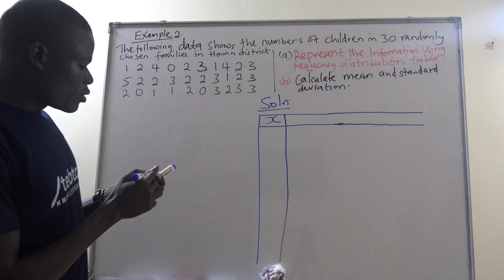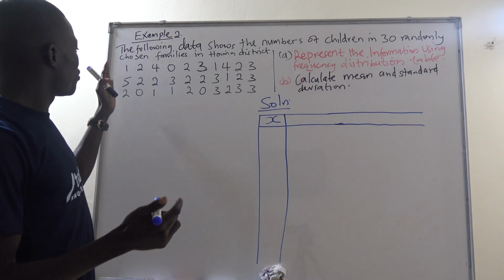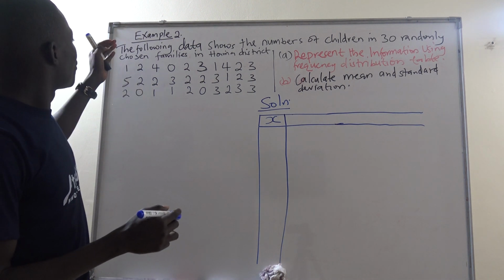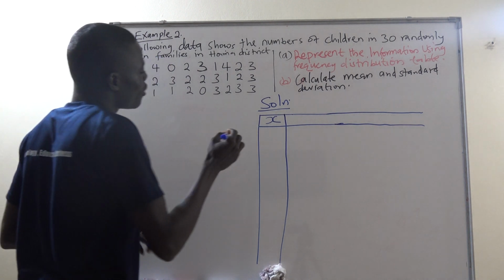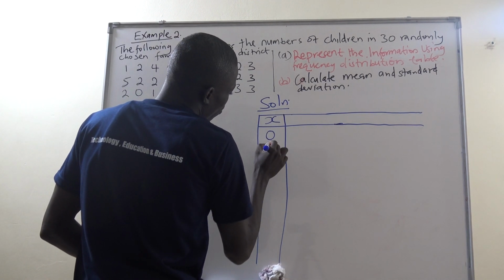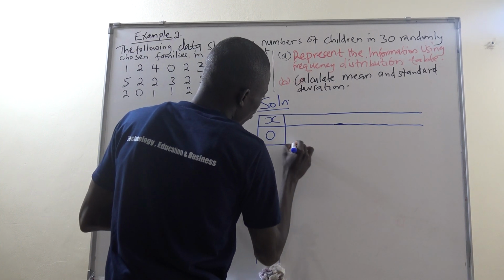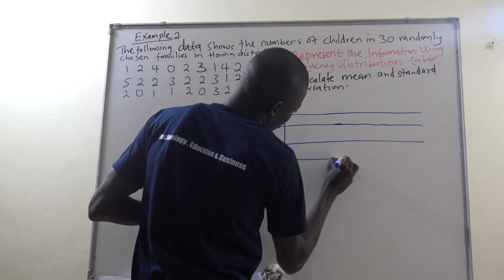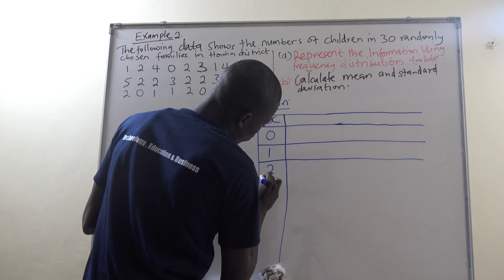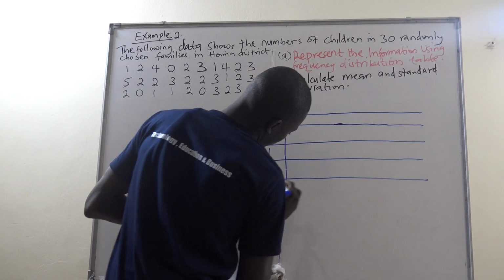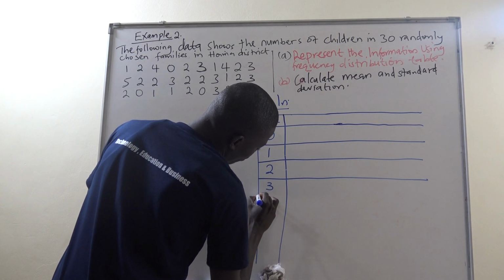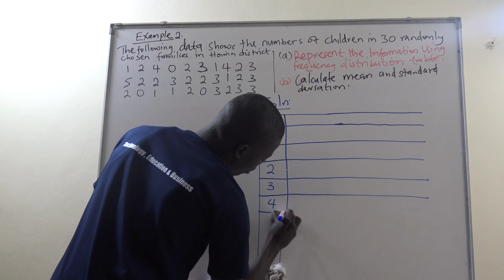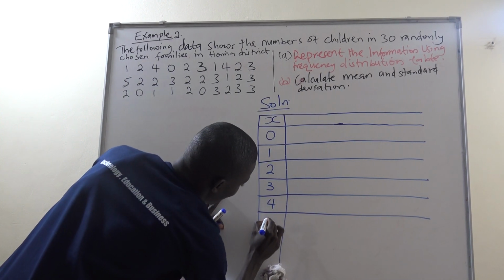So our variable X, you come and identify the biggest value and the smallest value. So the number of children here, we are ranging from 0, and then I'm seeing also 1, 2, 3, 4, and 5.